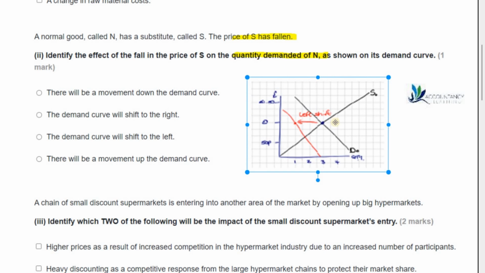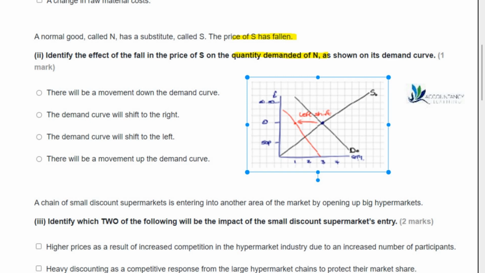So if our product is going to be affected by the price reduction of another product, so N is being affected by the price of S, it means that S is going to have an increase in the amount that people want of it, so therefore N is going to decrease.